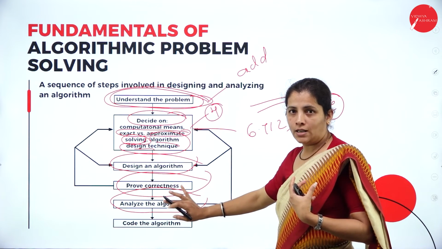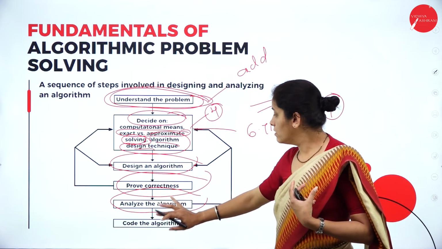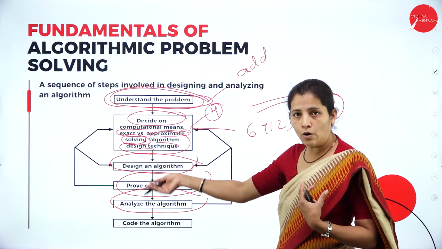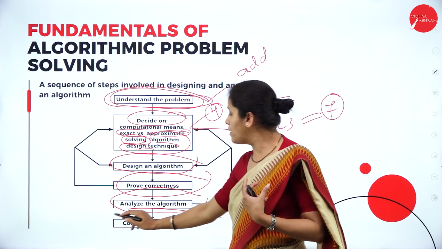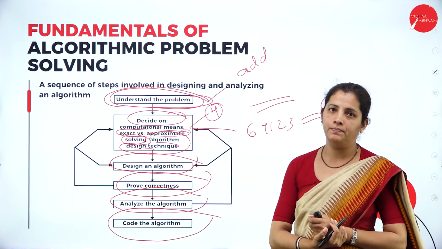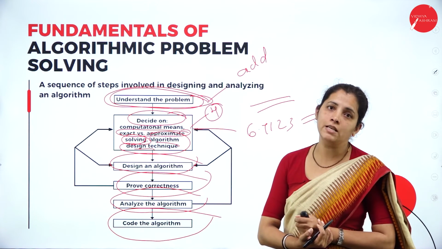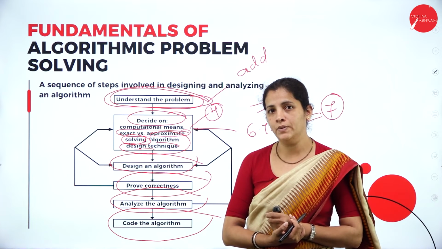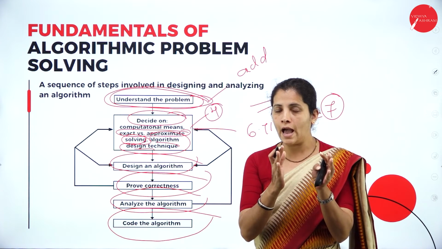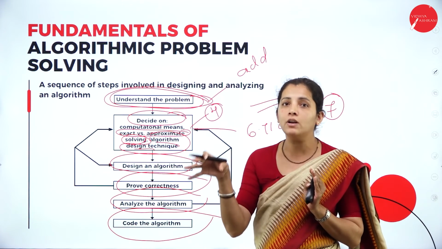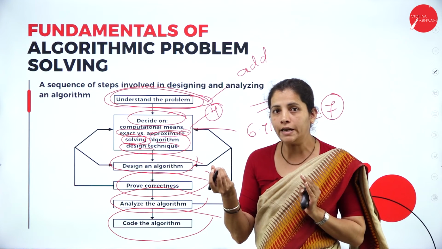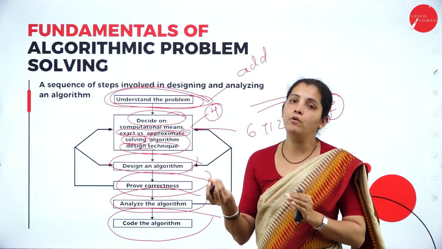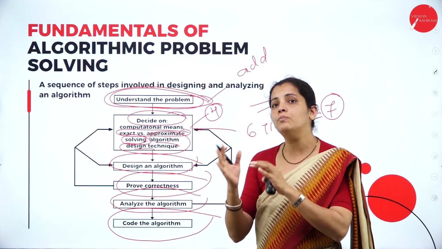After analyzing the algorithm, if I'm getting the correct output, what do I want to do? I want to code the algorithm. Code the algorithm in the sense of starting the implementation. So whatever the problem we have, first I want to write the algorithm. Once the algorithm is ready, I want to convert that algorithm to a program.